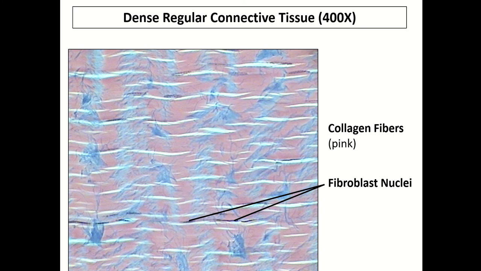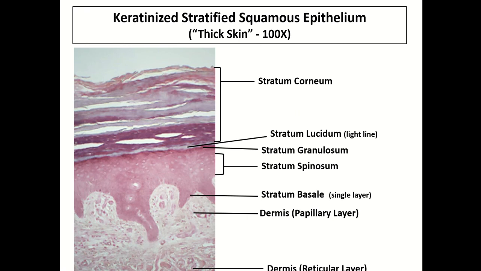Now, when you look at dense irregular connective tissue, its counterpart, if you will, you get the same idea. You're going to see densely packed collagen fibers, but these collagen fibers don't sit parallel to one another. The best place to see that is to once again pull up your thick skin slide and take a look at the reticular layer of the dermis.